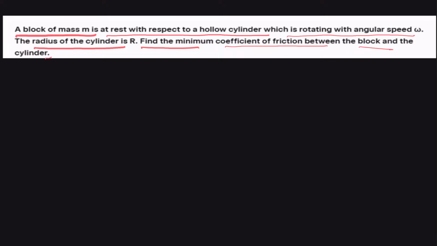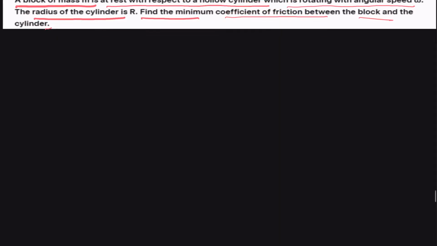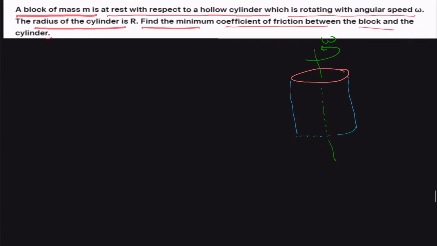Okay, so we are given that we have a cylinder, and suppose this is the axis of the cylinder and it is rotating with angular speed omega, and there is a block of mass m somewhere here, and it is at rest.